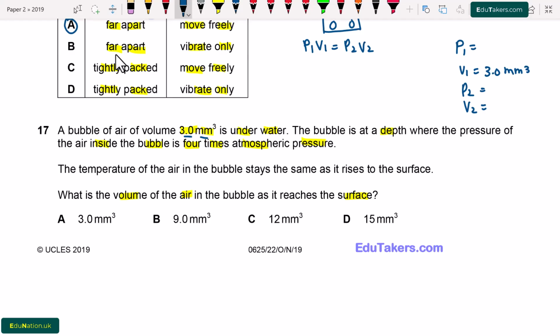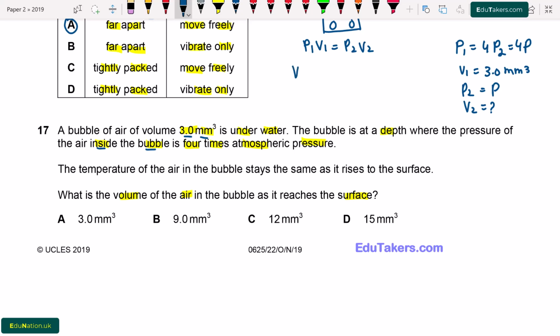The bubble is at the depth where the pressure of the air inside the bubble is 4 times. Here the pressure inside the bubble is 4 times as compared to atmospheric pressure. It means that P1 is equal to 4 times of pressure 2. Here I suppose that the pressure P2 is P, so P1 will be equal to 4P. And we have to find out the volume V2.